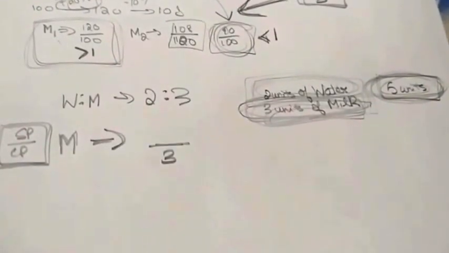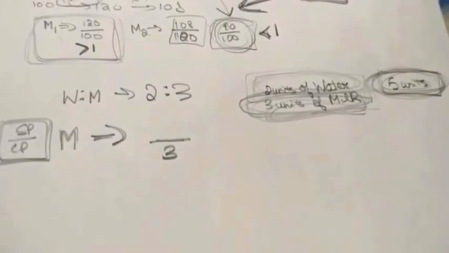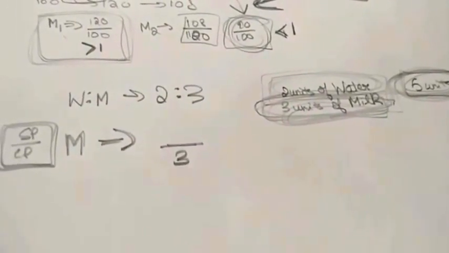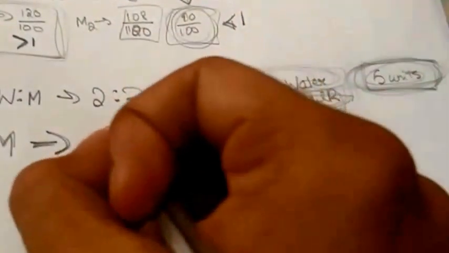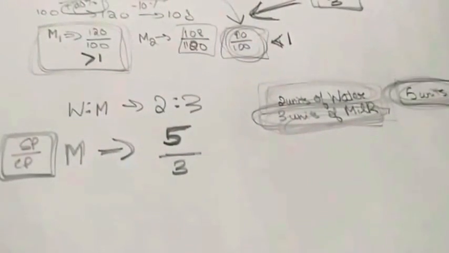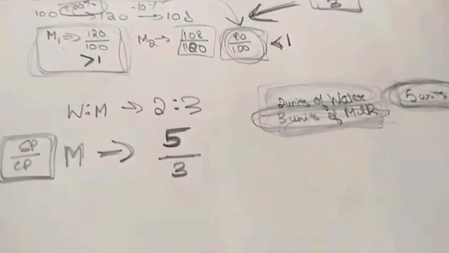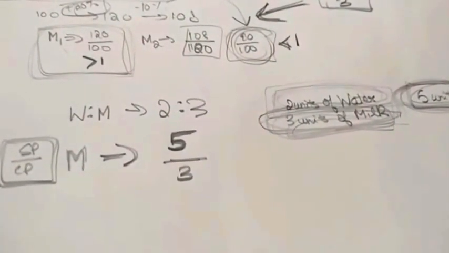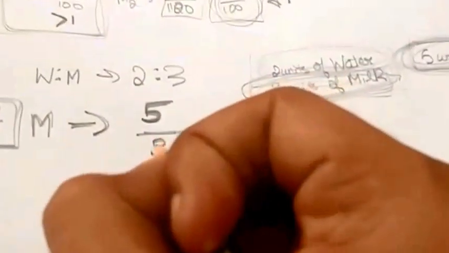The milk was being measured as 5 liters, at 1 rupee per liter. So the selling price was 5. I'm sorry, there were 3 units of milk that the milkman actually had to invest. He had given 3 rupees, and in return he got 5 rupees because of 5 units.